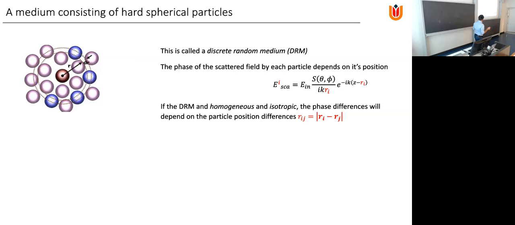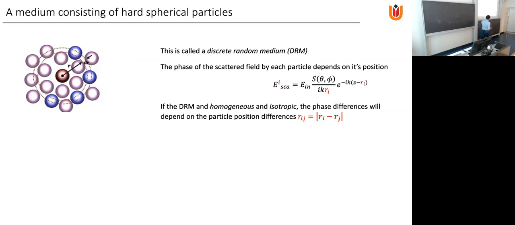So really, from this kind of medium, if you would just take out a piece and analyze that, it would give you exactly the same result as if you would take out another piece. If it is homogeneous, then the phase differences between the particles, the phases of the electric fields, will not depend on the exact position of the particles, but only on the differences in positions.